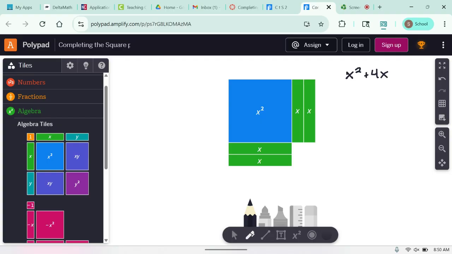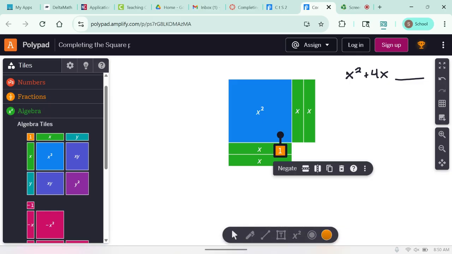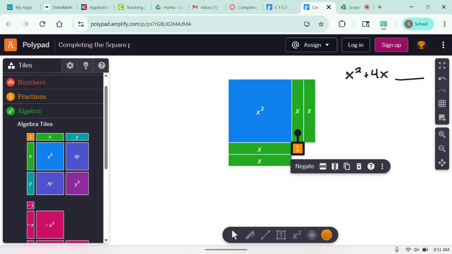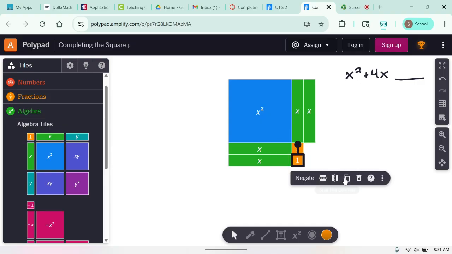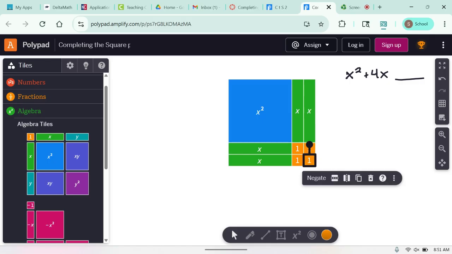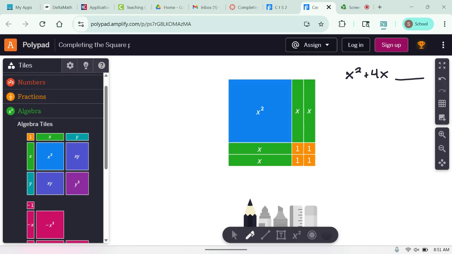And I need to complete this square. How many ones do I need to complete that square? 4. So if I drag 4 ones, that would complete the square. So in other words, this needs to be plus 4.